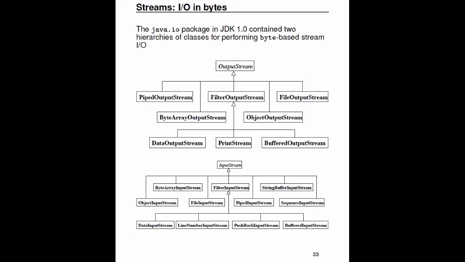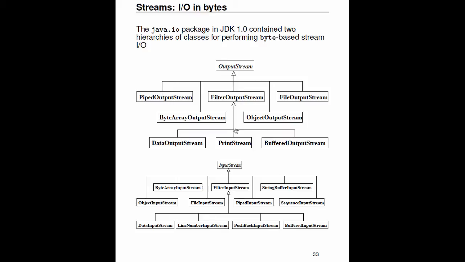There is an output stream and an input stream. An output stream is for sending byte-based data to some destination, and an input stream is for fetching byte-based data from some source.